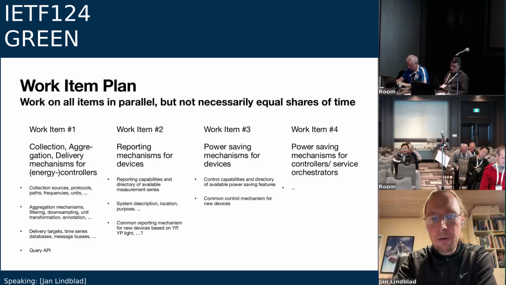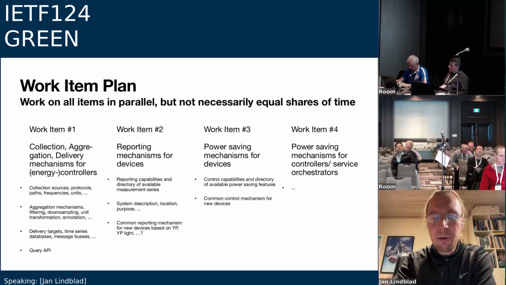Number 2, yeah, it's nice that we would design a new and proper and clean interface in the modern YANG and all of that, but this can be done with existing interfaces for most devices already. And no matter if we specify a new interface for work item 2, most devices in the field will have old interfaces for the foreseeable future. I'm considering work item 2 as a sort of boil-the-ocean thing.